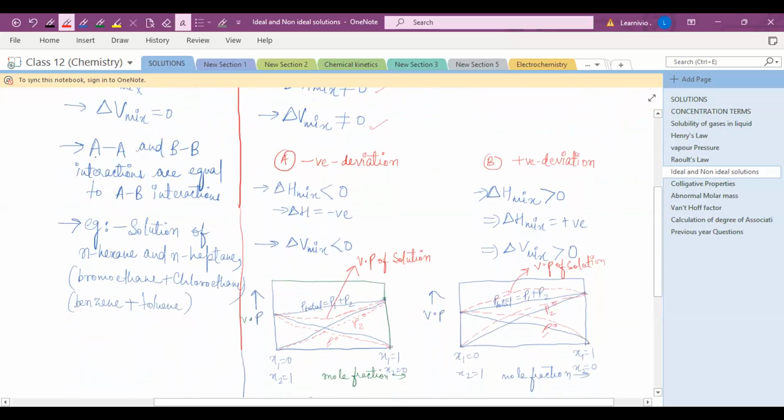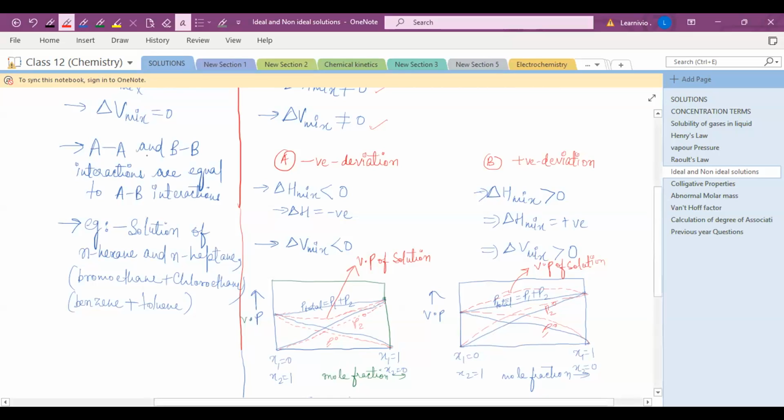Now see, for example, there are two components, component A and component B. The interaction between molecules of component A, the AA interaction, and the BB interaction are equal to the AB interaction. A is the first component and B is the second component. When both mix, they form a solution, which is an AB solution.